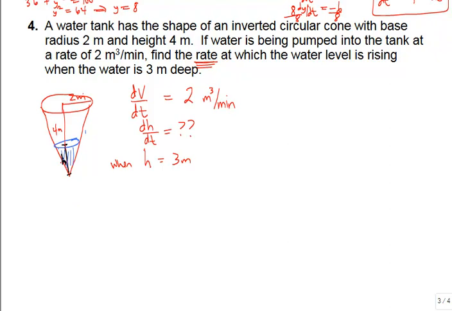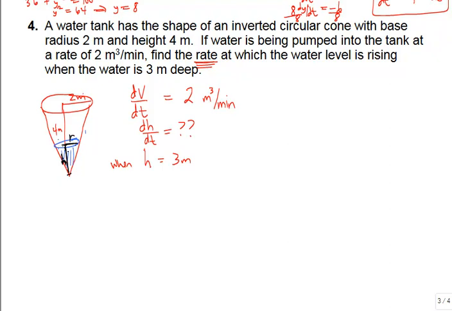So what else do we have in terms of variables here? We have that h, that water depth. What is also an important dimension of this small blue cone that I have? I've got this height, but there's also a radius that's important to know as well. So what we're going to do is relate the volume of our cone to the height and the radius.